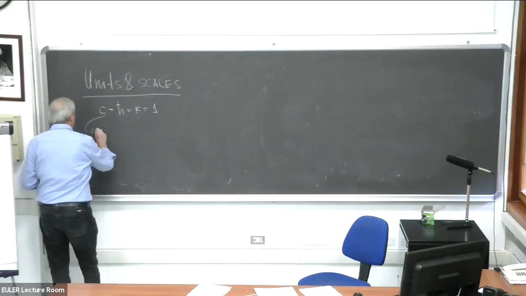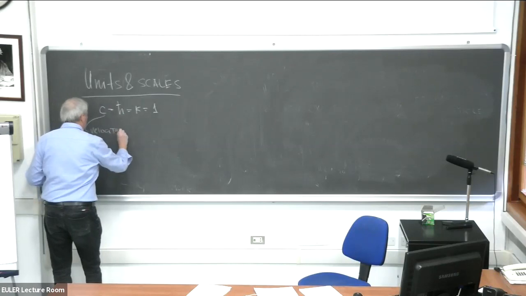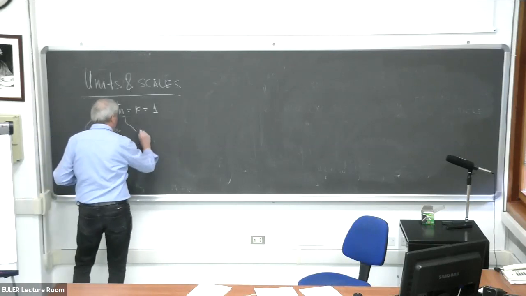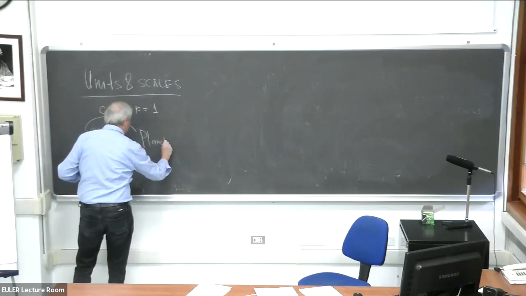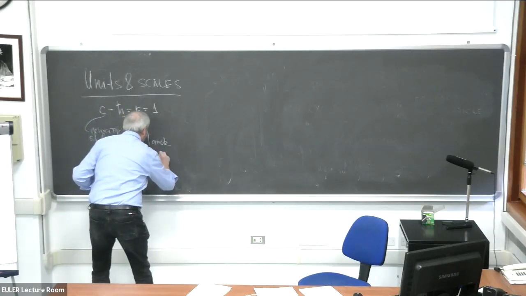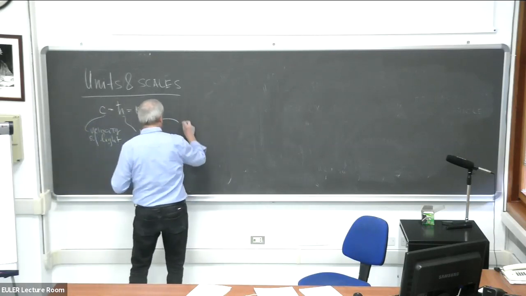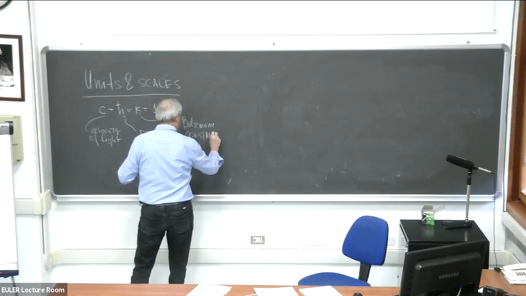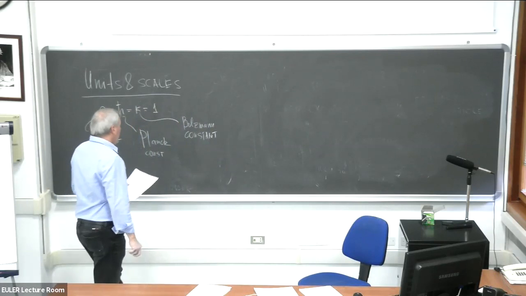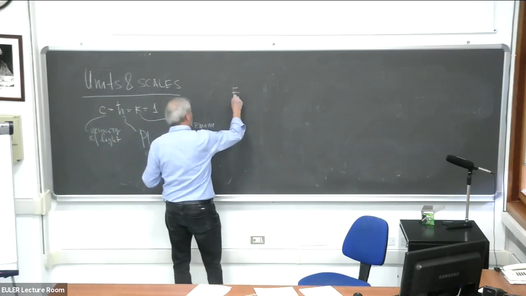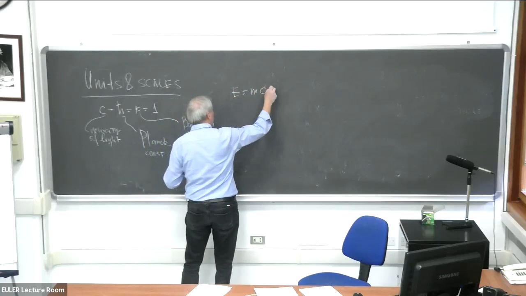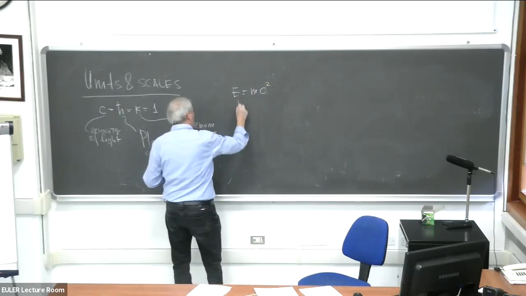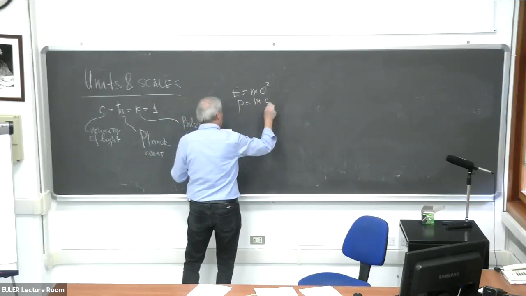So this is the velocity of light, the Planck constant, and this is the Boltzmann constant. So remember that we have energy equals mass times c squared. Momentum is given by the mass and c, or velocity.